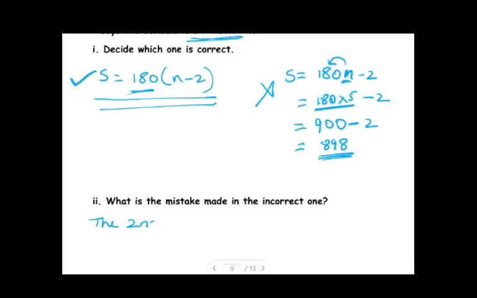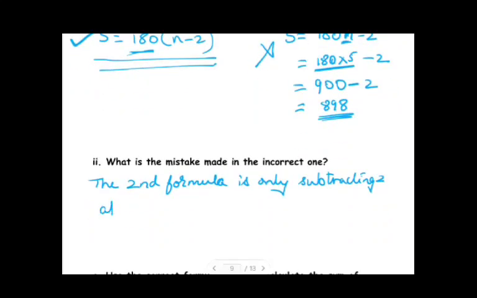The first formula is only subtracting 2 after multiplying 180 by the number of sides.